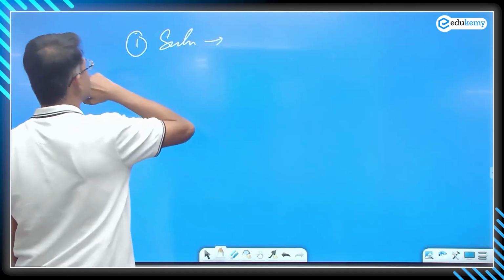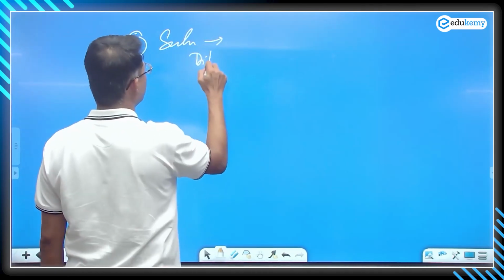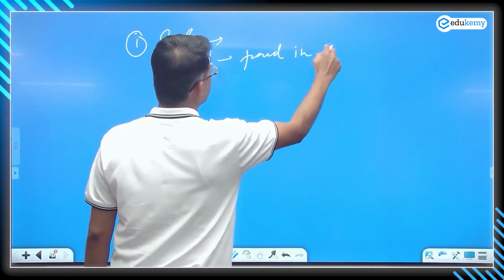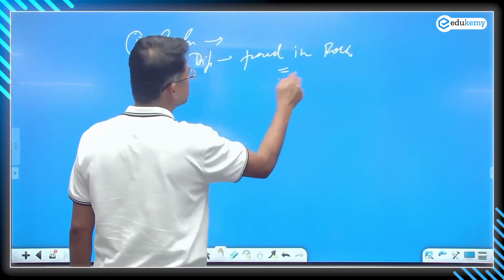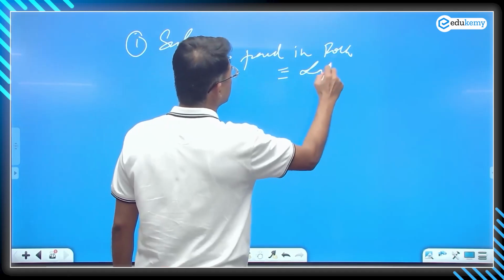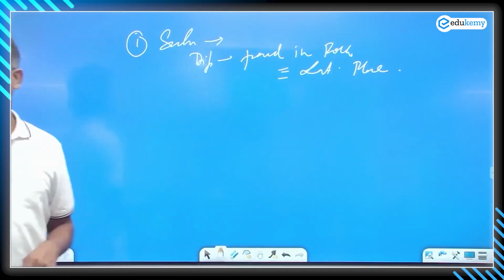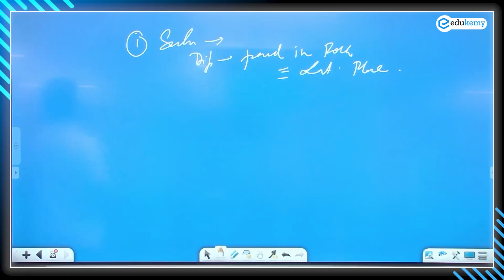The secular part is that the dip angle is preserved in the rocks, and that is the same as the latitude of the place. This is the rule everywhere. The dip angle of the field gets preserved in the rocks, and it is the same as the latitude of the place.